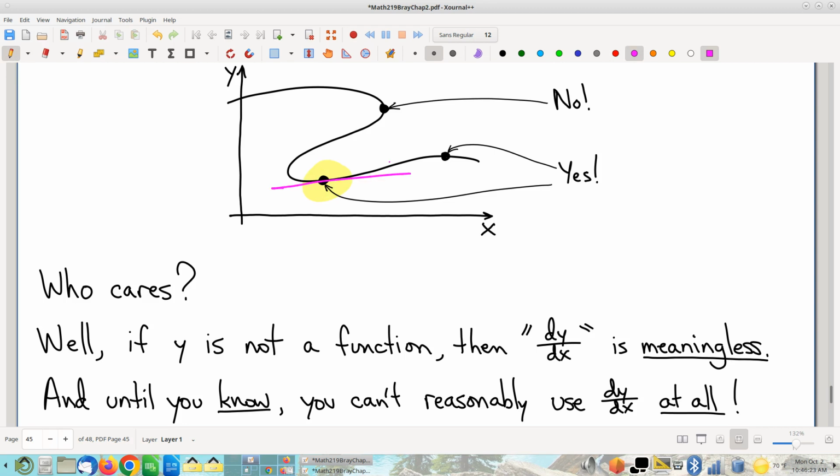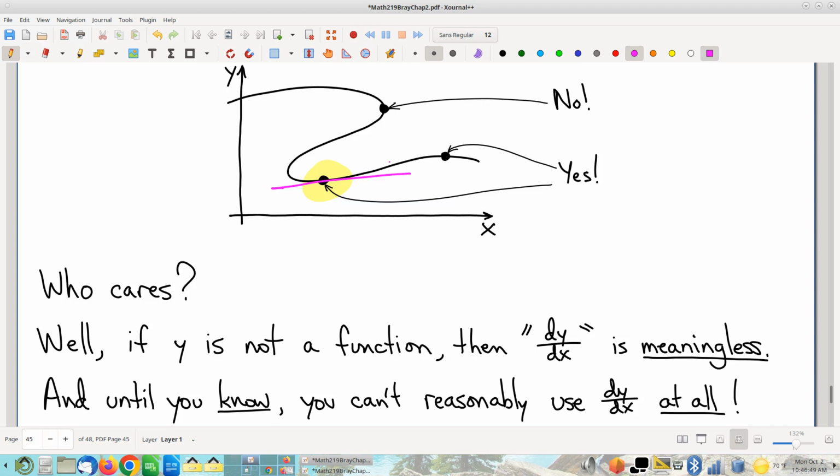And hey, if this is a graph locally, all I need is locally. If this is a graph, then the slope of that tangent line is dy dx. And I can talk about dy dx because y is a function of x, at least locally, near that point. So dy dx is a meaningful thing at a point like that. Y is actually a function of x.